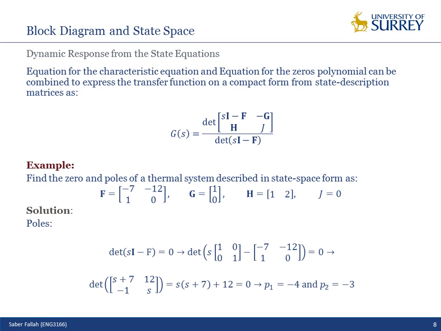If I do the calculation and find the determinant of this matrix, I will come up with the roots or eigenvalues -4 and -3. So the system is stable because I have two real poles in the left-hand side of the complex plane.